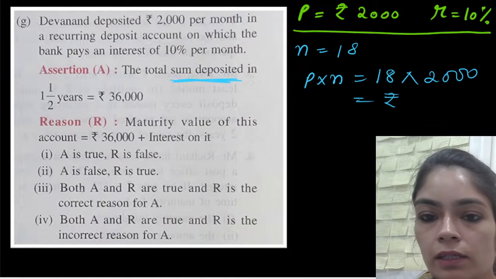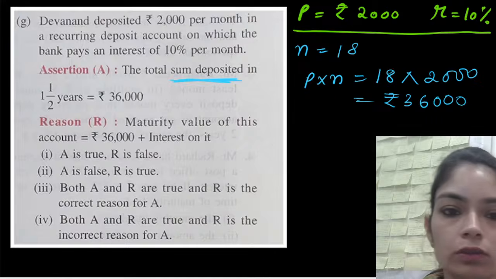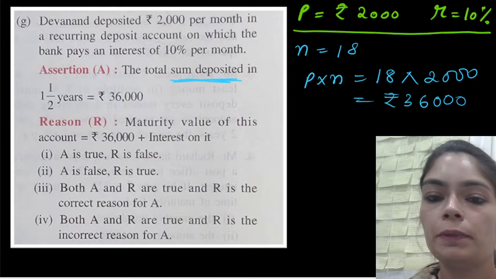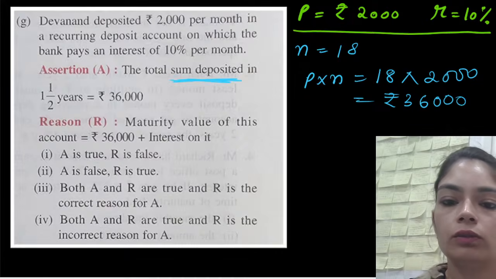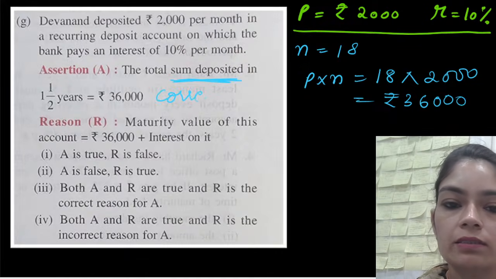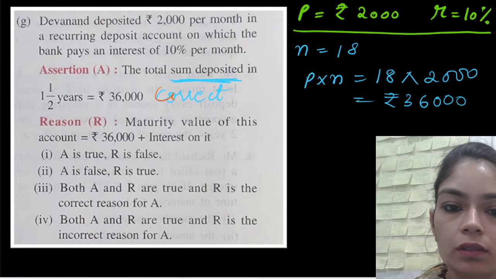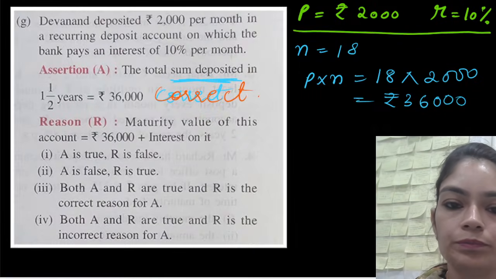So here you can see the answer as 36,000. So that's what is given to us also. The total sum deposited in 1.5 years, because P is 2000, so 2000 into 18 is 36,000. So we can see here this is the correct answer. Assertion is a correct statement.